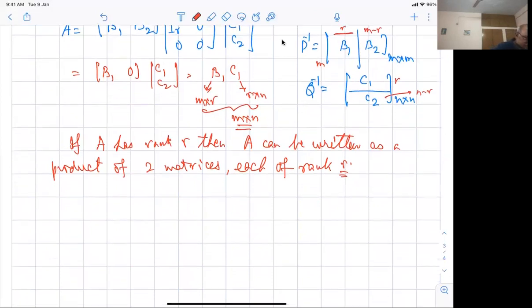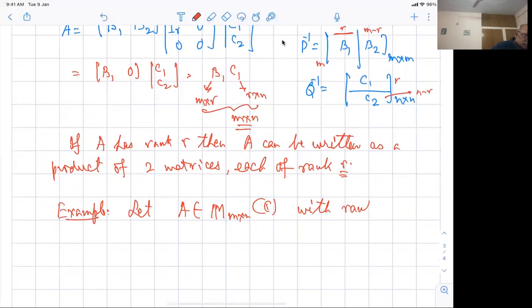As an illustrative example, let A belong to M_n of C with rank of A equal to 1. Then A has to look like M cross 1 times 1 cross N. Fine.